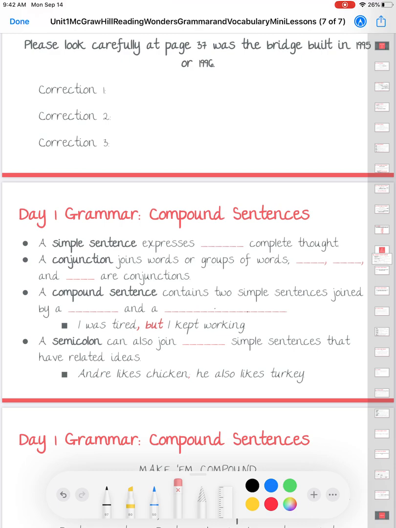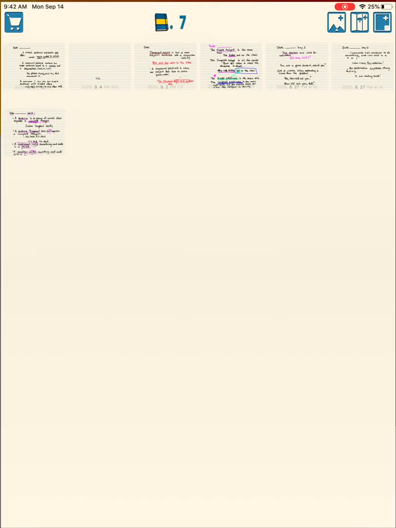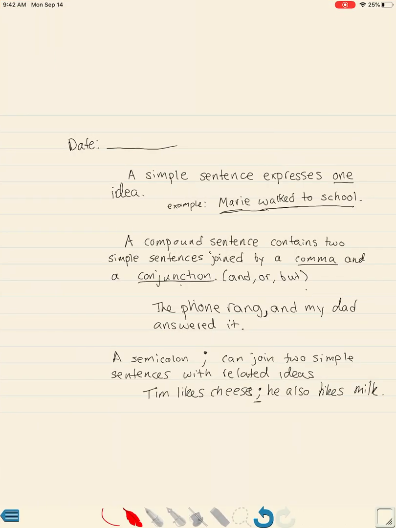Okay, so the first one we want to talk about today is a simple sentence. A simple sentence expresses one complete thought. In your notes, make sure you have your date up here.